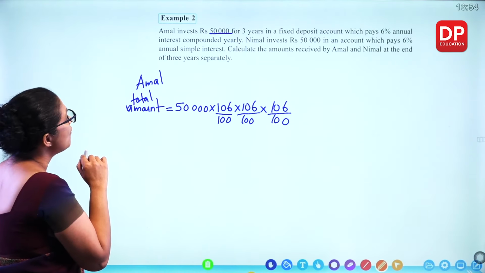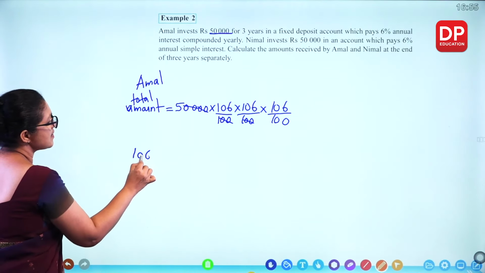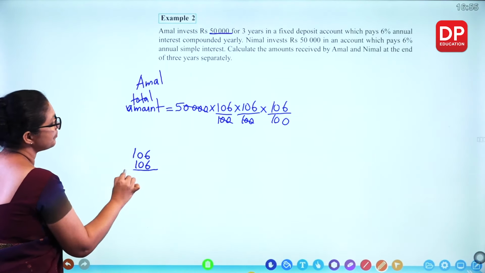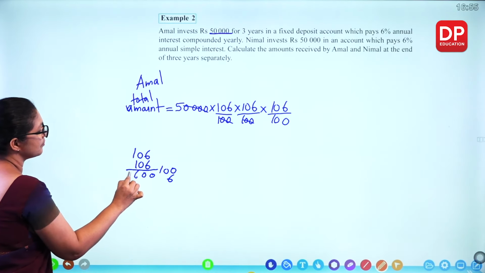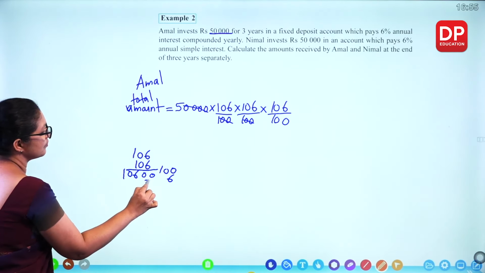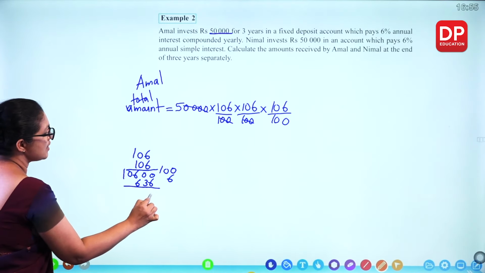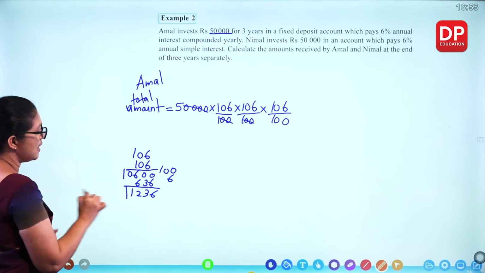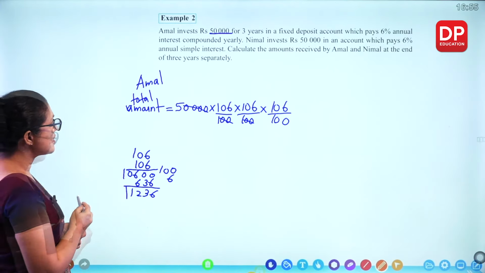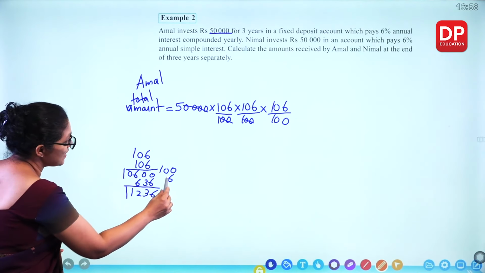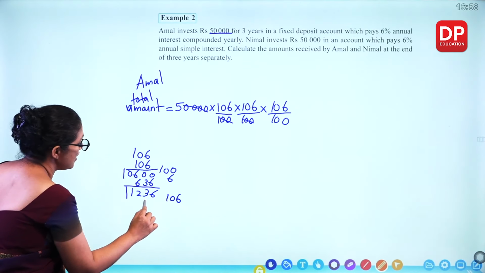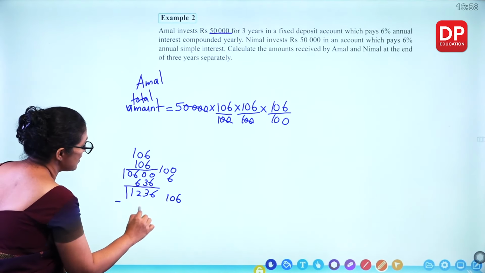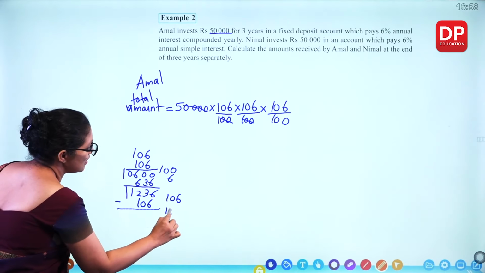Now we'll find out the value. 106 into 106, you get 11,236. Multiply by 106 again. So what do you get?